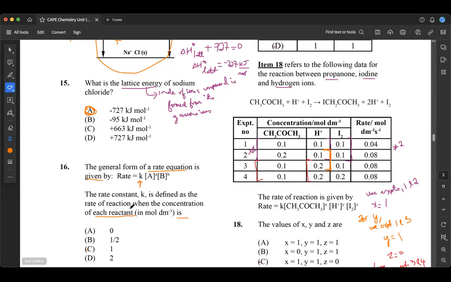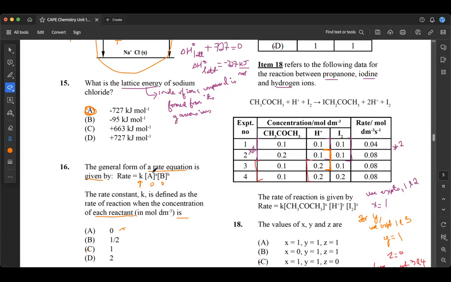Is it when the concentrations of each reactant are 0? Let's try that. If we had 0 here and 0 here, then this would be 0. That wouldn't be an actual number. All of this would go away and the rate would be 0. The rate wouldn't be k, so A is not our answer.